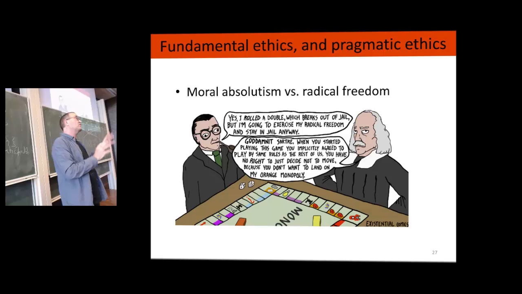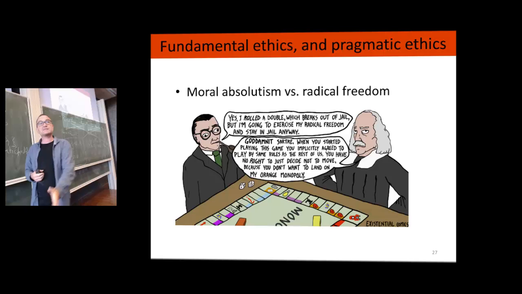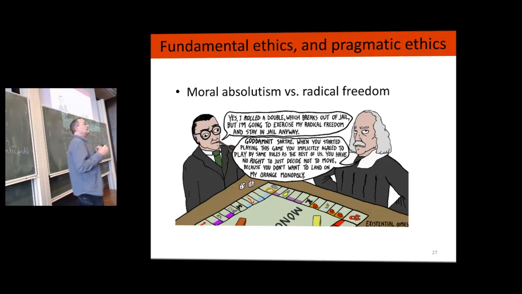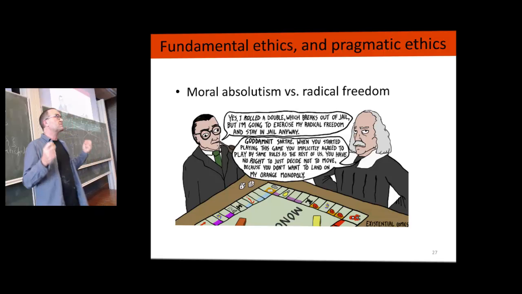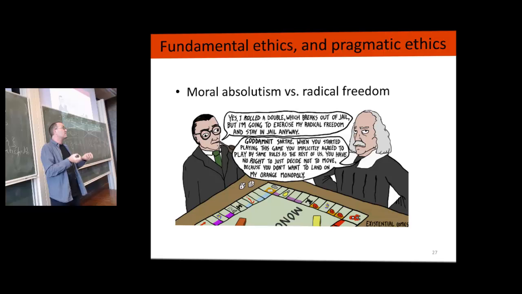That's something you find in religious approaches to ethics quite often, but also atheists sometimes believe in very strong rules. The very opposite is absolute radical freedom, where everybody is responsible for themselves, by themselves, to make the right decisions.